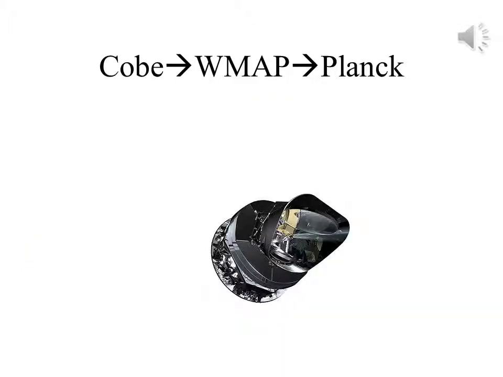The instrument in the previous slide was from the COBE satellite, then there came the WMAP satellite, then the Planck satellite. All of them were built so that you could measure those tiny fluctuations in that echo from the early universe.